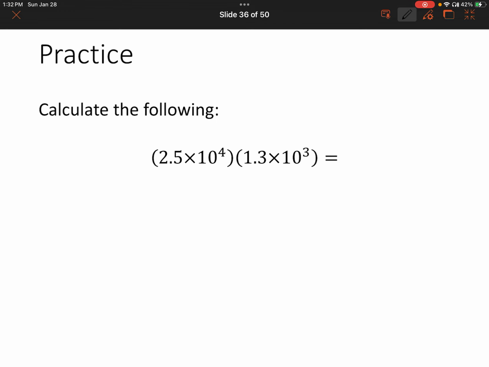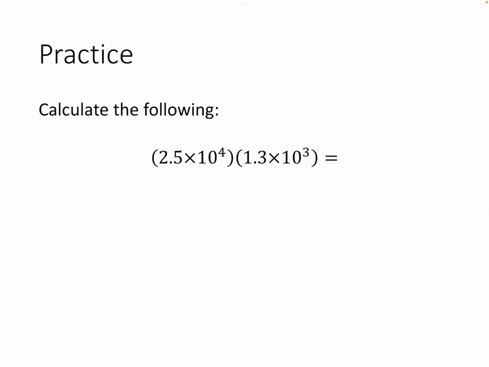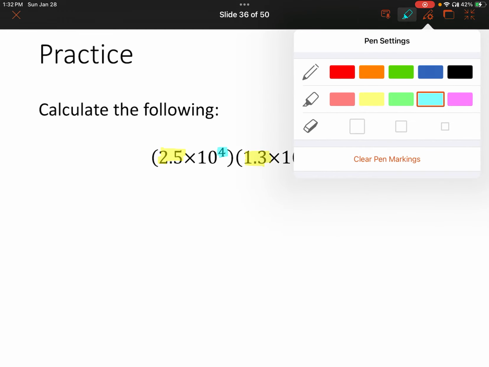Okay, so first things first, we want to multiply those coefficients together. My iPad doesn't want to listen to me today. And then we're going to add the exponents together.